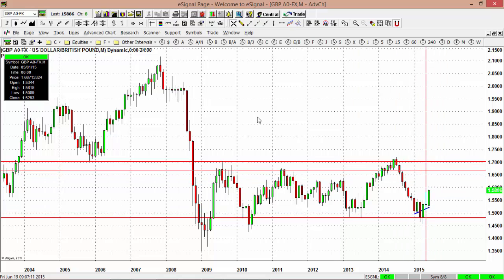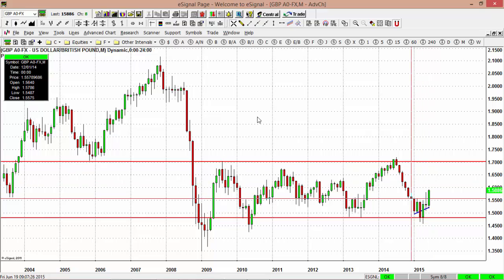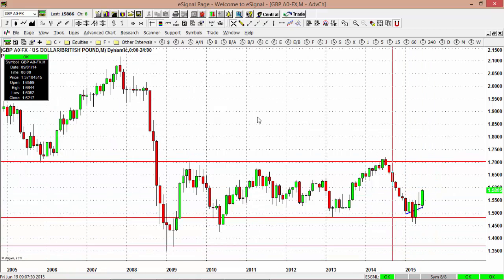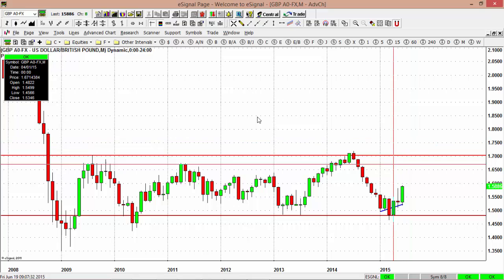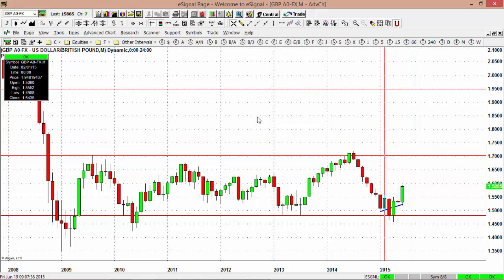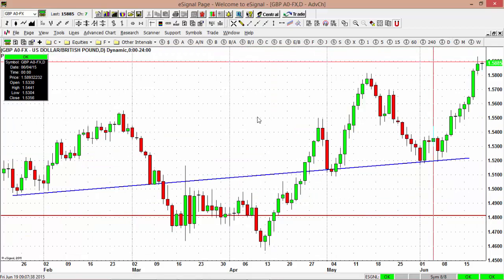And the first obstacle for the month on a monthly closing basis is for the market to close above this doji. So today is the 20th of June. We have to see if the market can close this monthly candle above this doji, and if it does, that's fairly bullish for this British pound.